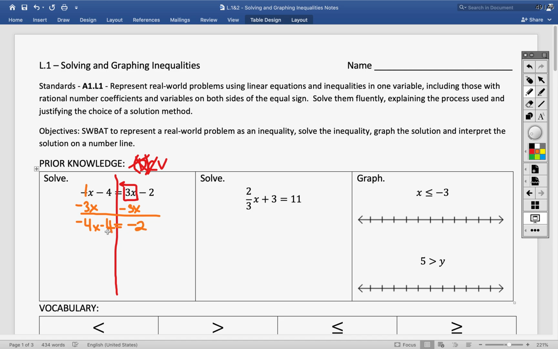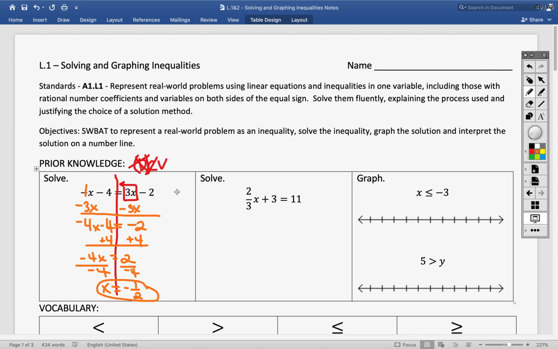And then we do the opposite operation, which is to add 4 to both sides. That becomes negative 4x equals 2. Divide by negative 4. And x equals negative 1 over 2, negative 1/2.